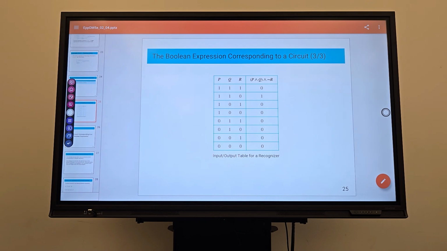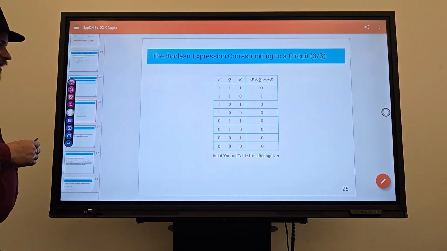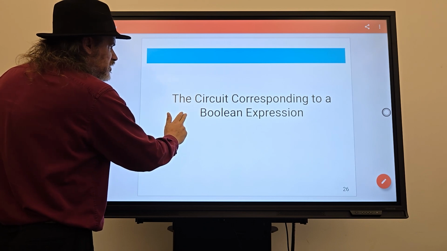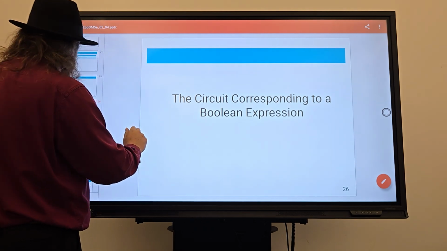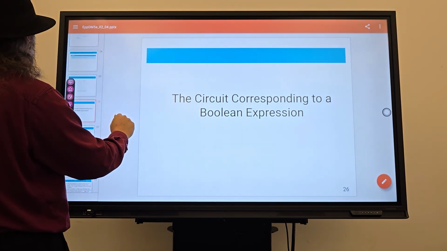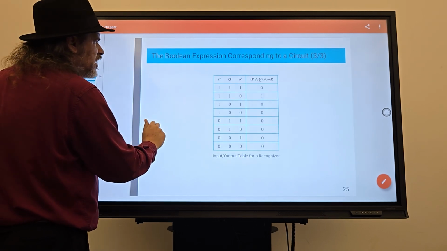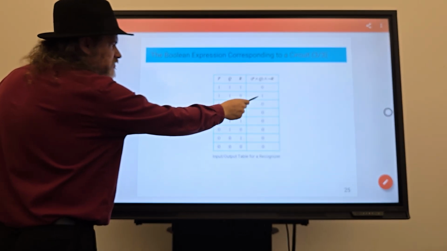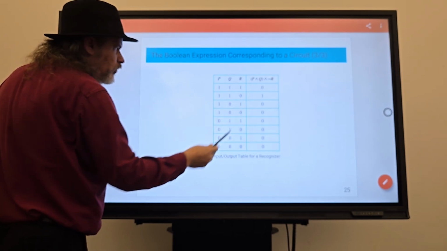Okay, and you can find the Boolean expression for that by looking at the input-output table that you want.